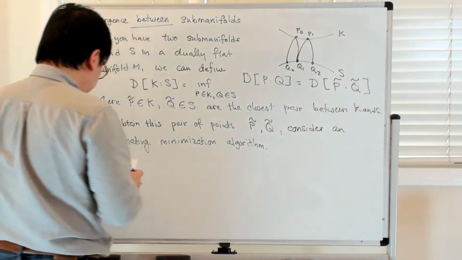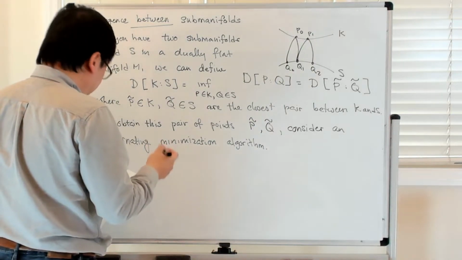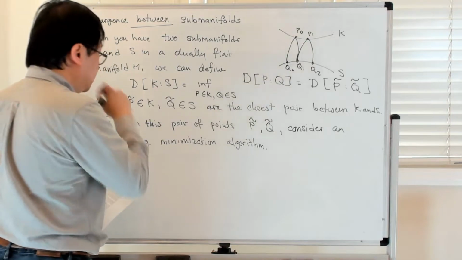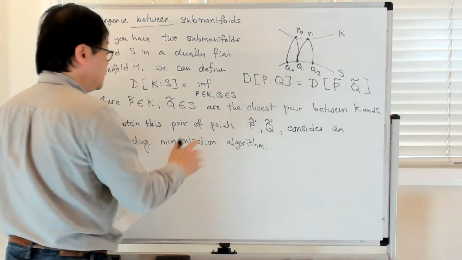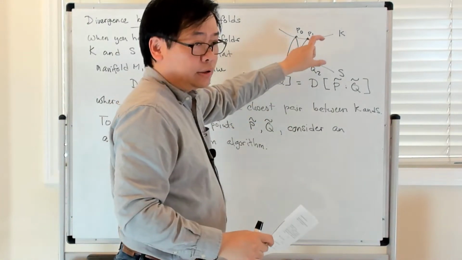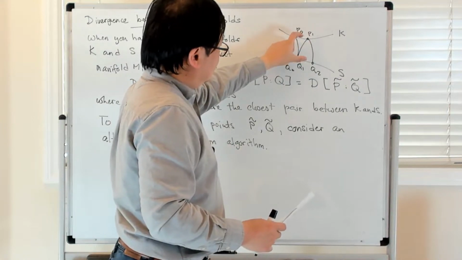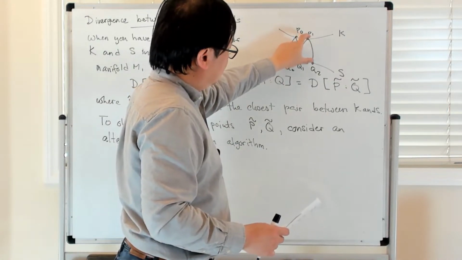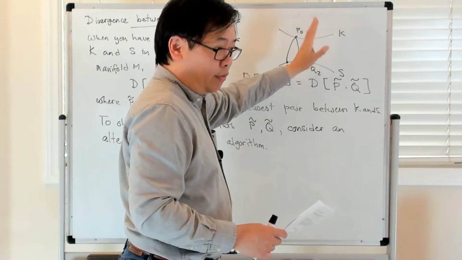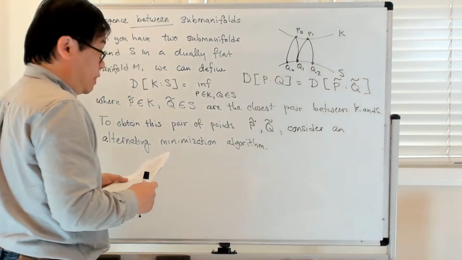Okay. And the reason why this ends up working reasonably well is because you can check that there's a monotonicity property, which is to say that the distance between the last pair of points is going to be monotonically non-increasing.